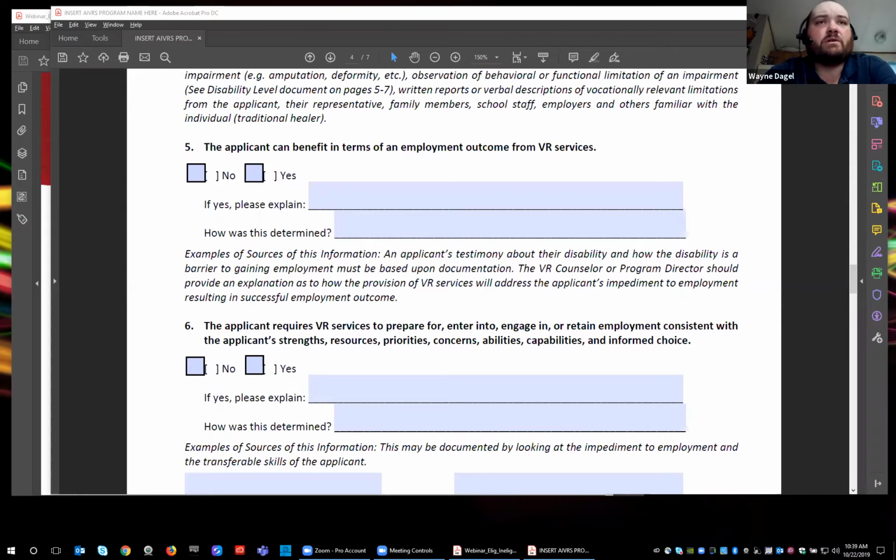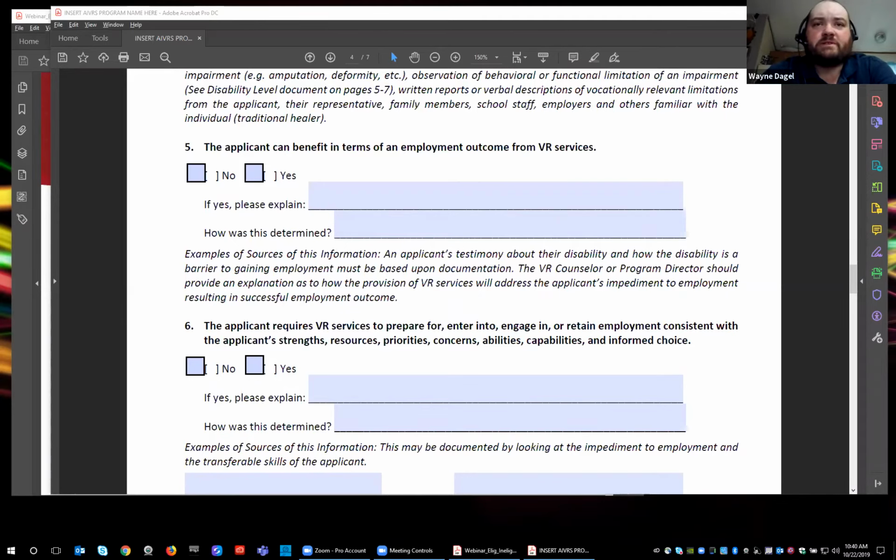One other thing we have to look at, and that's part of eligibility and benefits of employment outcome, is we look at the labor market in our area. And let's say that there's openings as a computer tech at the tribe. We have to look at that individual's ability to gain employment based on the limitations that we see, but also the transferable work skills they bring to the table.